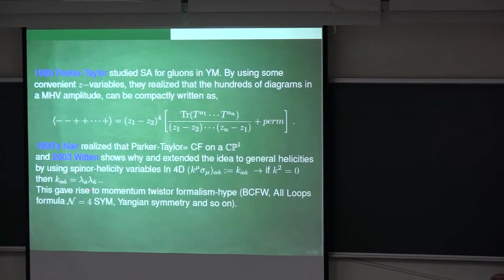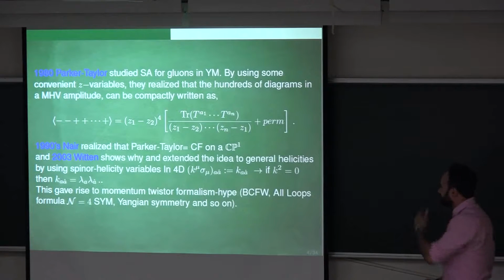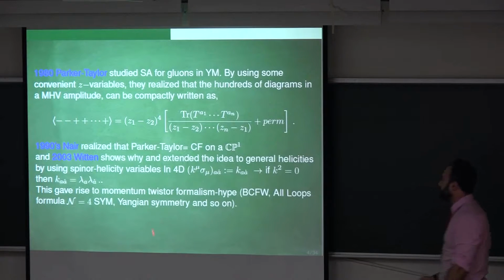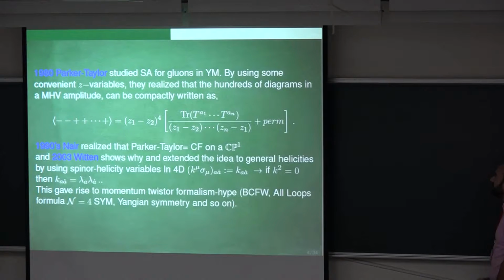So this defines a natural space where the on-shell objects live. Anyway, maybe there are people more familiar with this formalism than me, but let me just mention that this gives rise to the whole momentum twistor hype that has been used successfully in N=4 supersymmetric Yang-Mills, and there has been a lot of progress on that.